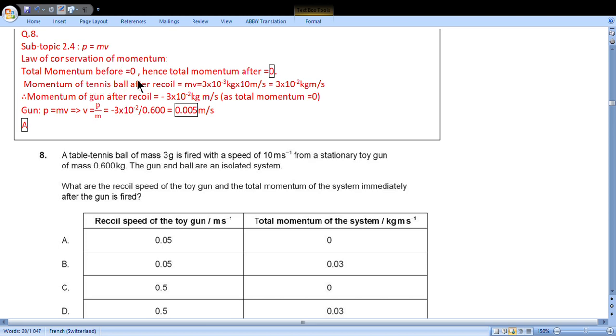Total momentum before is 0, hence total momentum after is 0. Momentum of the tennis ball after firing is mass times velocity. Momentum of the gun after recoil should be equal but opposite, as total momentum equals 0. So from the relation between momentum and velocity, we find velocity equals p over m. We divide by mass, and we get choice A.